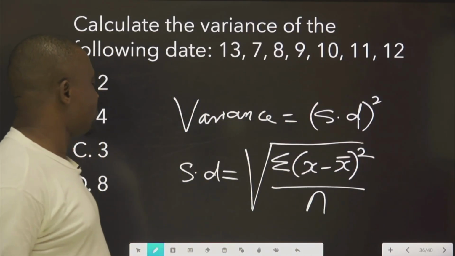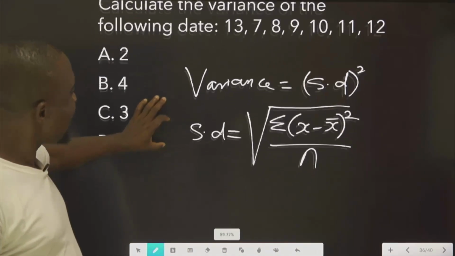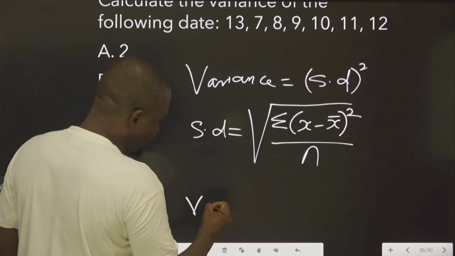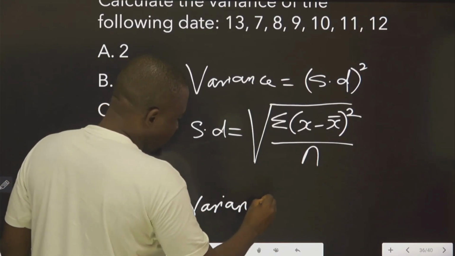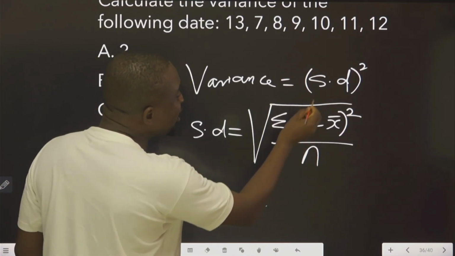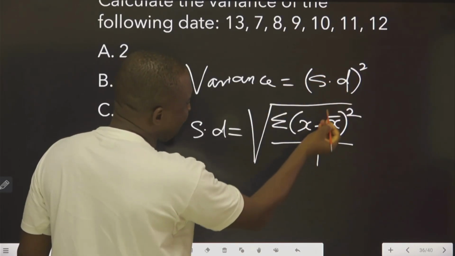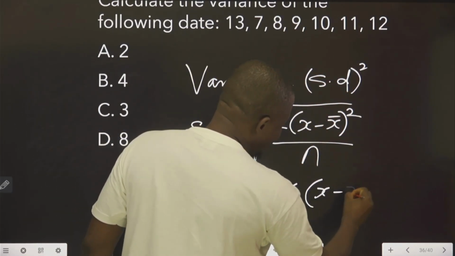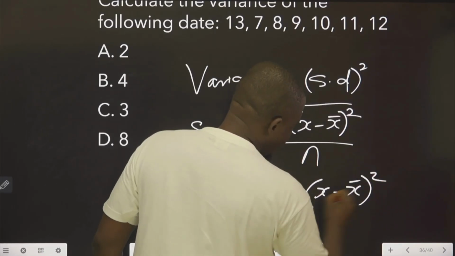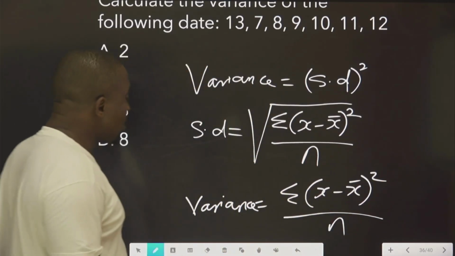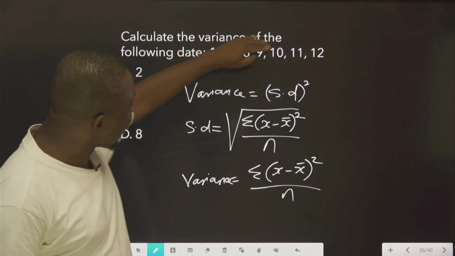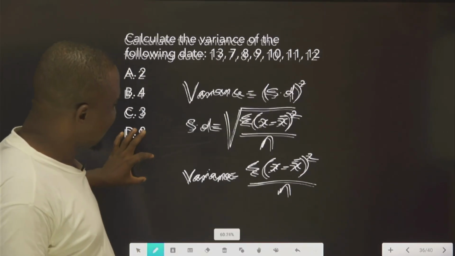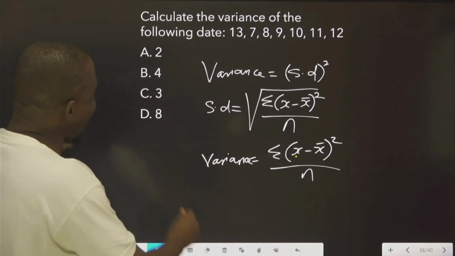This is standard deviation. It means to get variance now, we only need to square this standard deviation, and that square will remove this. It means therefore, variance is the summation of x minus the mean squared over N. So all these values you are seeing here, they are all x. So it means we already know x.